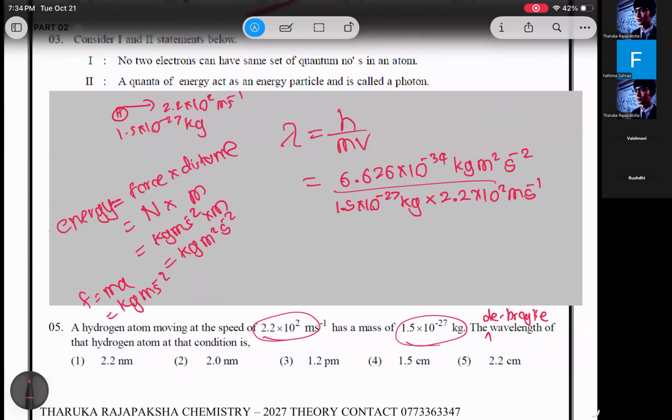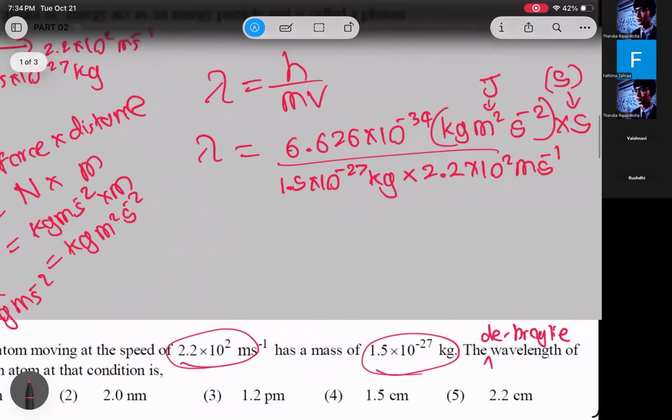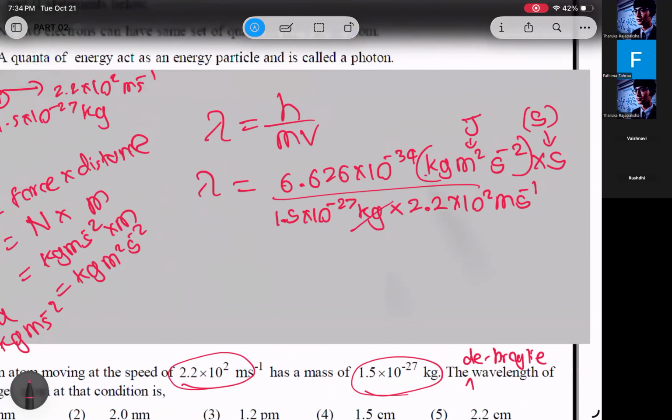Now guys, I can cancel off. It's joule seconds, so another second will come here. So this joule part is only this, and the second part is only this. Then kilogram cancels off.